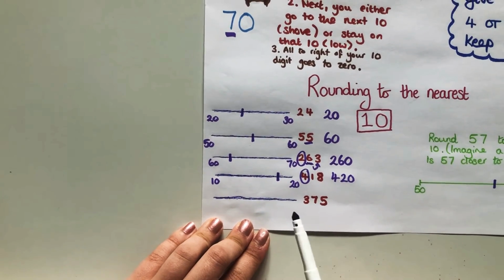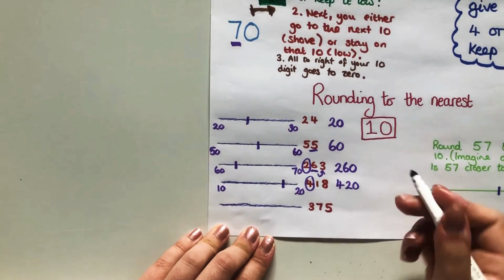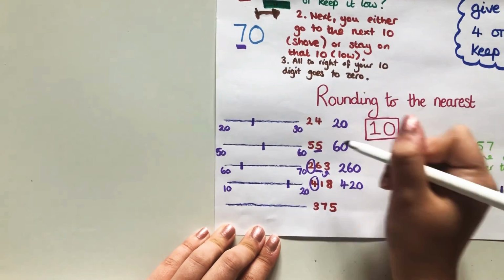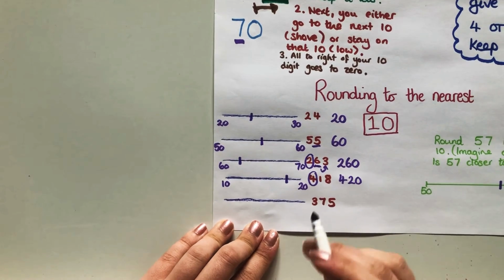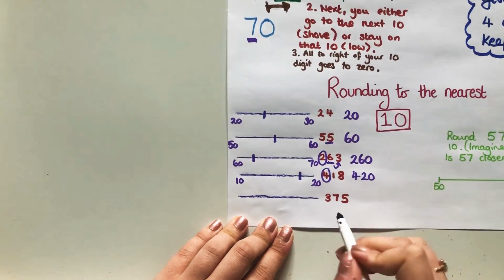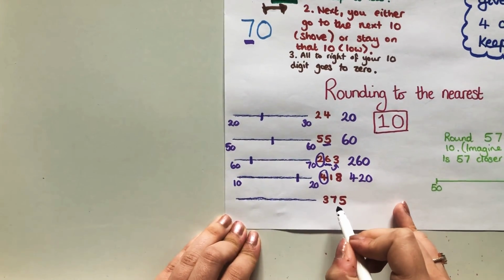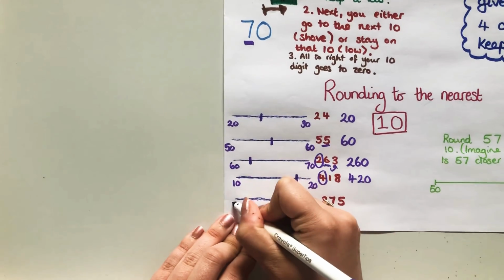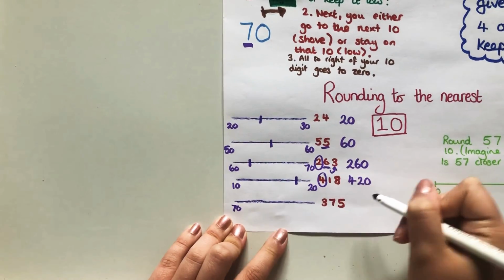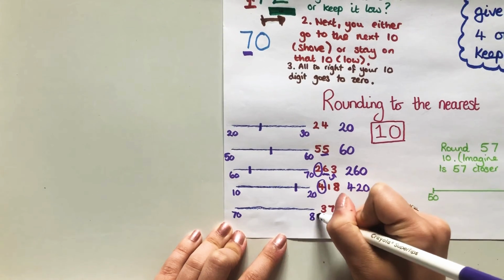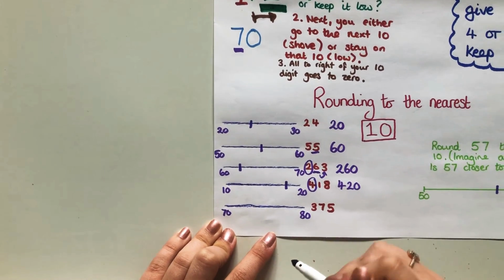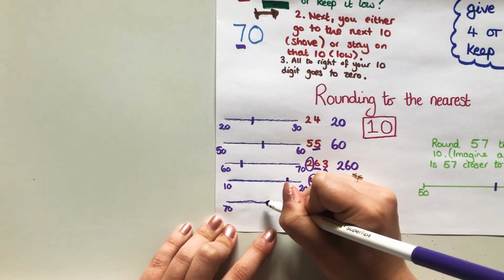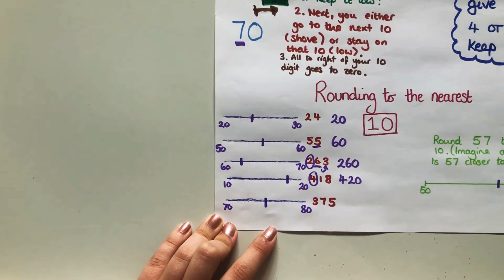Last question here, super tricky because we need to think about both our 5 at the end and its place in the rhyme, and it's 100. So if we kept it low, 75 would be 70. If we gave it a shove, it would be 80. 75 is going to go smack bang in the middle.